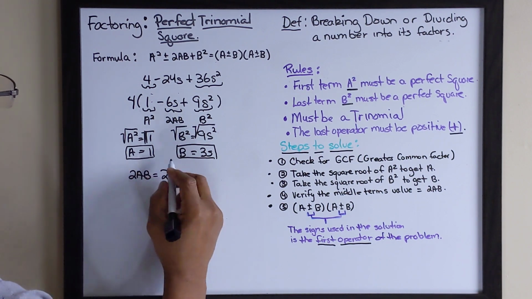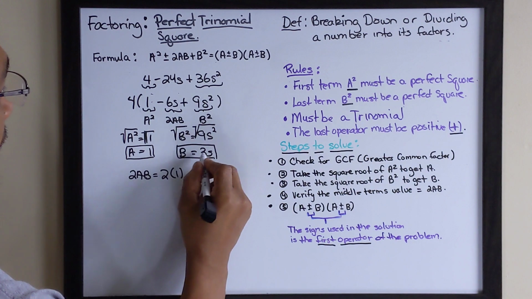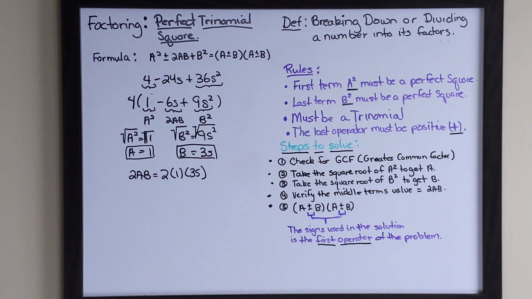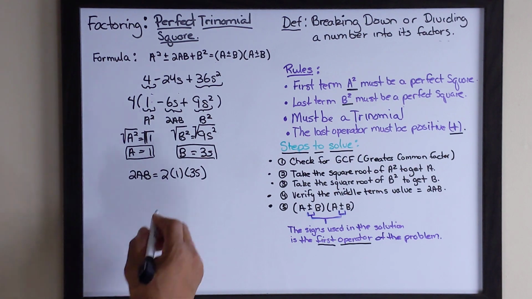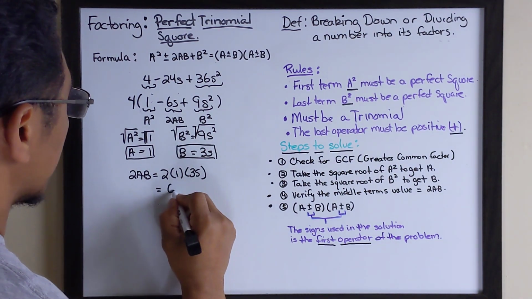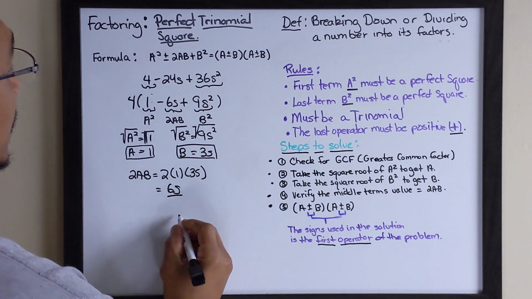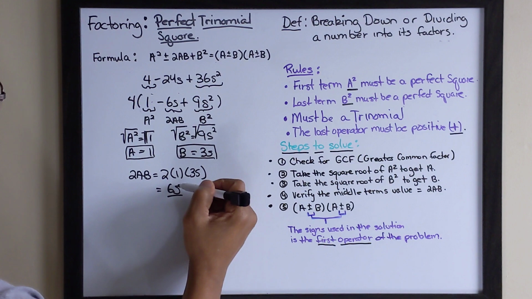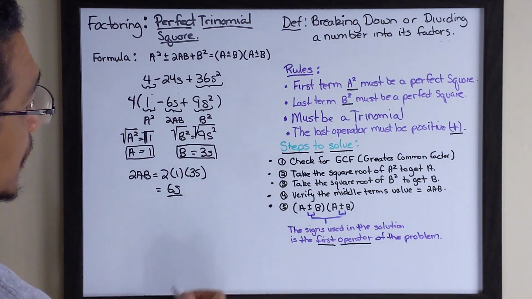A is the one we just found, which is 1, and b is 3s. Let's multiply that together. 2 times 1 times 3s is 6s. So, ignoring the signs at this point, our middle term is 6s, so that does verify. So we've gone through step 4.